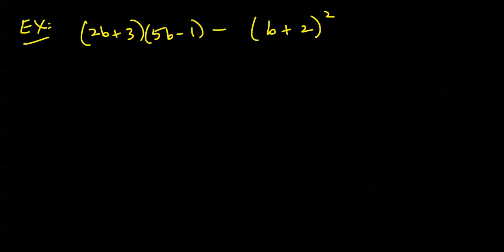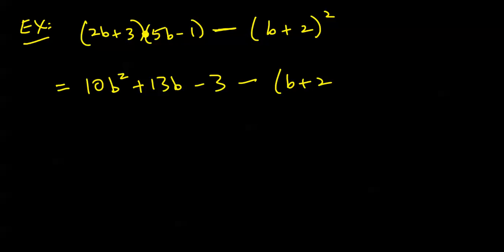Clearly the multiplication happens before the subtraction here, so I'm going to multiply this first. I'll get 10b squared, minus 2b plus 15b is plus 13b, adding the outer and inner products. And then minus 3 will be my last product.